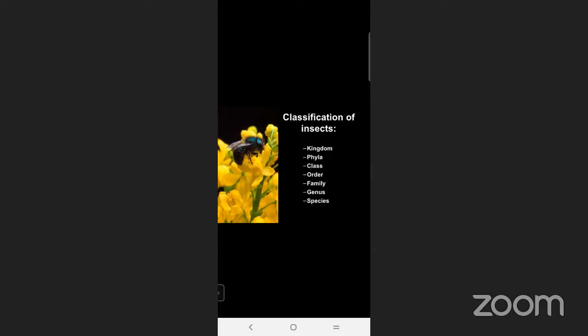Like this, whenever we identify one particular insect, we write this classification for every insect in the practical record also. So you'll get an idea how to write during the practical work, like what considerations we have to take for placing them in a particular class, how they belong to a particular order, and how we will place them in a particular family.